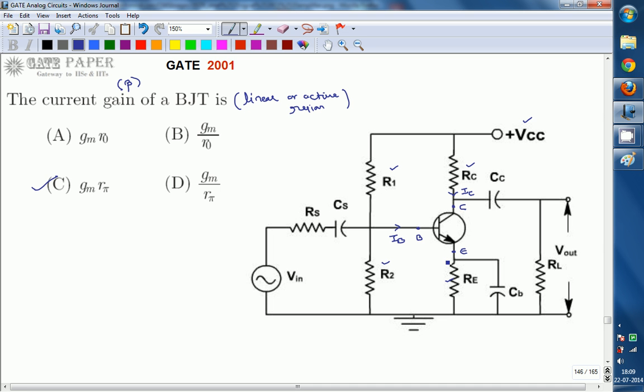Since we are dealing with plus VCC, which is a constant, regulated DC power supply, and R1, R2, RC, RE are all constant resistances, the currents are also going to be constant. Constant currents, that is DC currents, are indicated with capital letters with capital suffix. So IC, IB, IE are the terminal currents when only DC is considered.